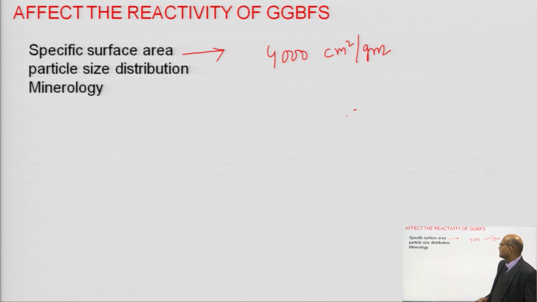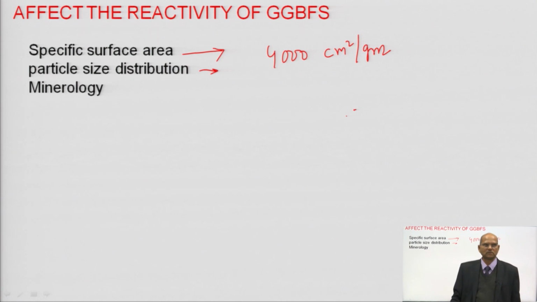Okay. Then particle size distribution, this is also very, very important. And mineralogy. We are not going to discuss mineralogy, because that is very complicated. It is not like clinker, where we have only four compounds, C3S, C2S, C3A and C4AF.